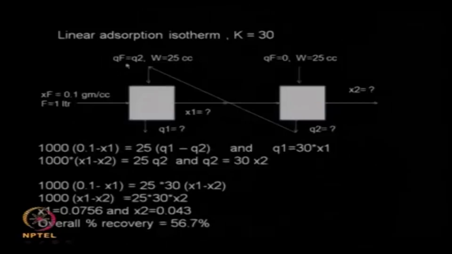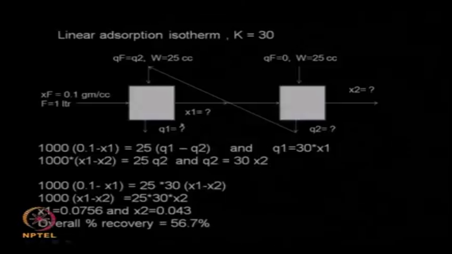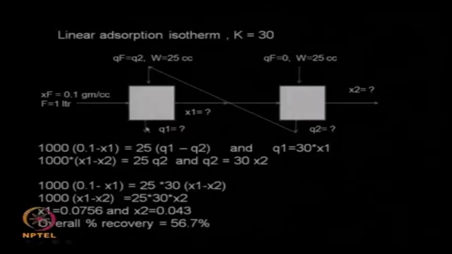Okay, so this is slightly tricky, let us look at stage 1 and do a mass balance. So 1000 cc, that is 1 liter, what is entering through the solution is 0.1, what is leaving is x1, so 0.1 minus x1, this is equal to 25, the quantity of adsorbent you are adding in terms of volume, times Q1 minus Q2, where Q2 is the concentration of the solute entering with the adsorbent, and Q1 is the concentration of the solute leaving the stage with the adsorbent.